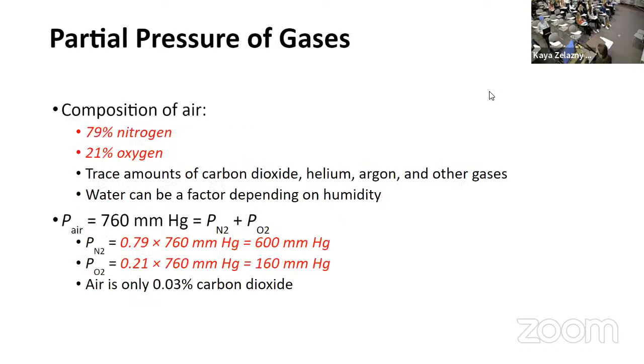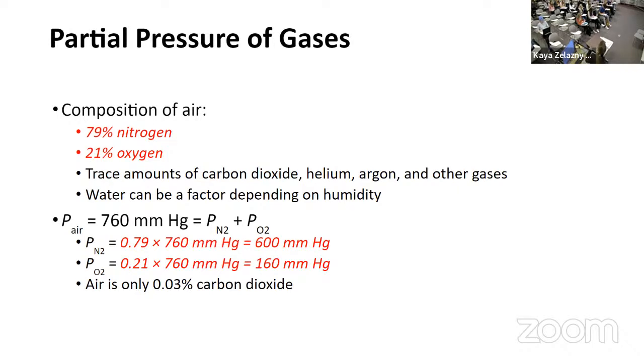So when we think about the air around us, not only is it not mostly oxygen, it's actually mostly nitrogen. About 79% of the air around us is made of nitrogen, 21%-ish is oxygen. And then we also have some carbon dioxide, maybe some helium, some argon, other trace gases.